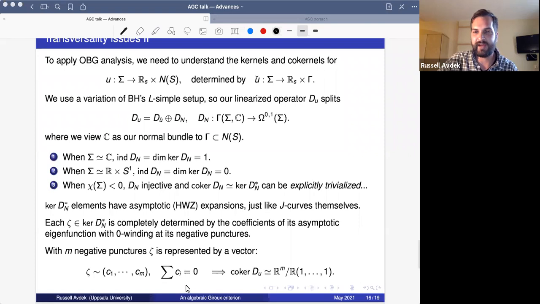And it has to satisfy that the sum of the elements is 0. That's the same thing as saying that the co-kernel of the normal linearized operator is equal to R^m divided by the line in R^m, which is just the diagonal, the span of (1, 1, 1, ..., 1).